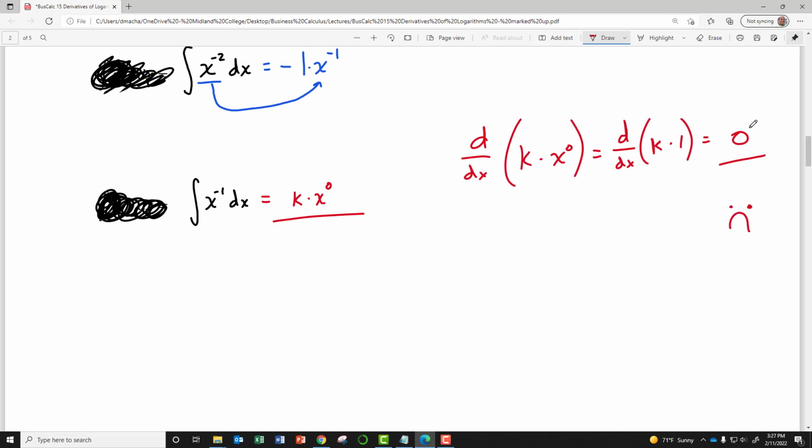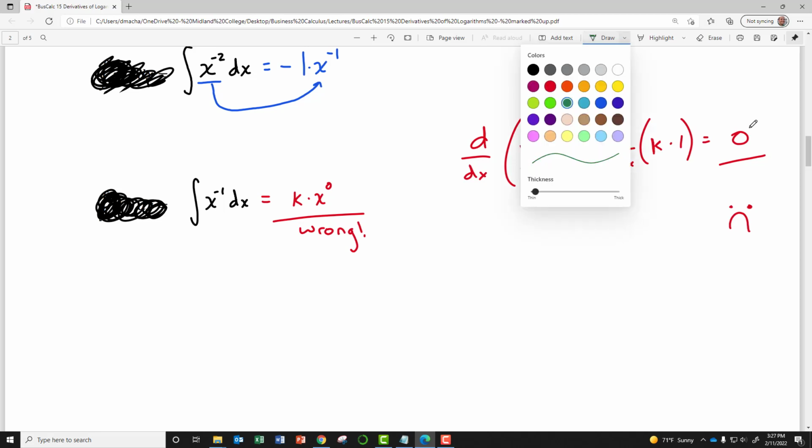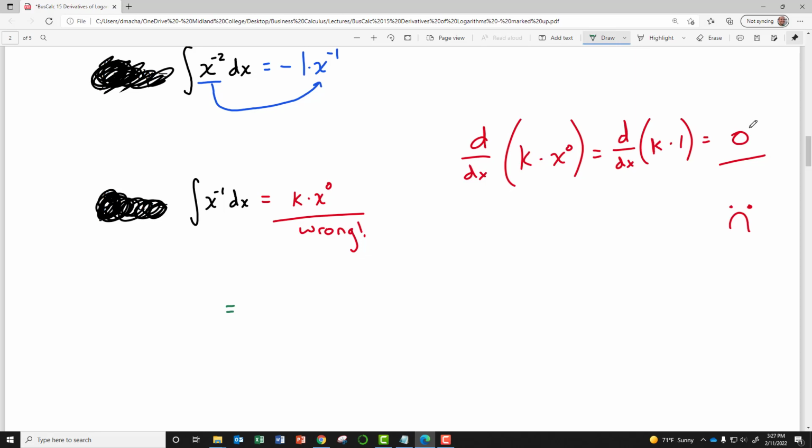So this is clearly not the correct answer. The correct answer is this. It might seem kind of weird, but the antiderivative of x to the negative 1 power is natural log x. Actually, if we're being very specific and technical, this is natural log of the absolute value of x.